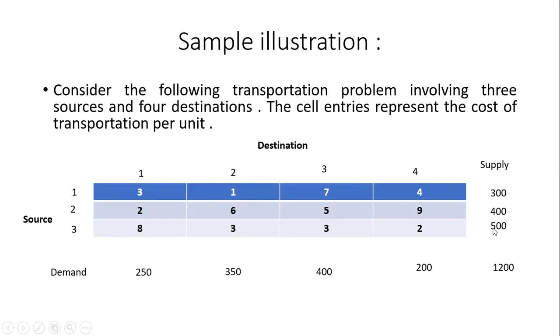So how can we find out whether the problem is an unbalanced transportation model or a balanced transportation model? Add the supply values and the demand values. You have to get the same number. Say for example, if I'm adding the column, 300 plus 400 plus 500, 1200, the same number should be obtained. Here the row demand values are 250 plus 350 plus 400 plus 200.